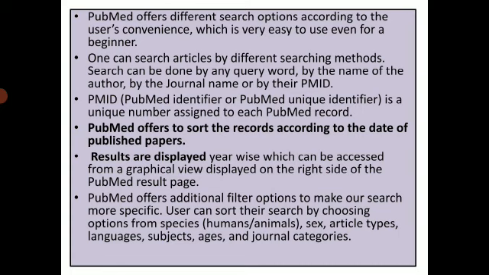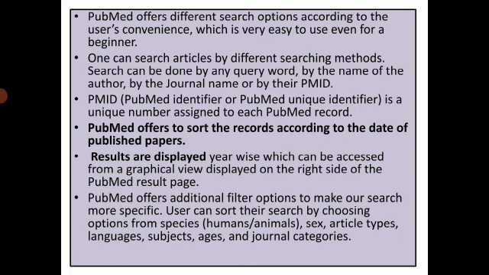PubMed offers to sort the records according to the date of published papers. Results are displayed year wise, which can be accessed from the graphical view displayed on the right side of the PubMed result page.